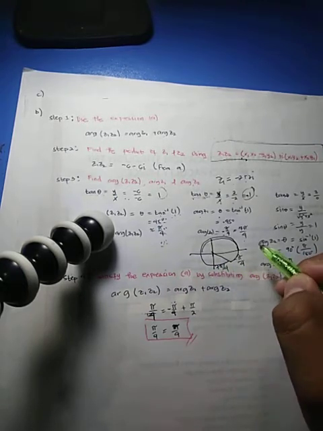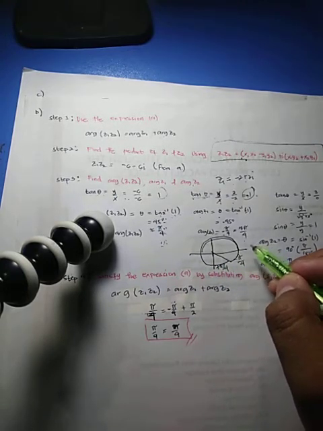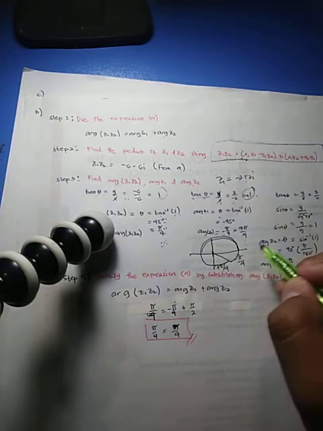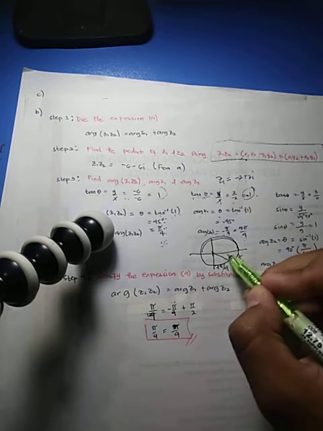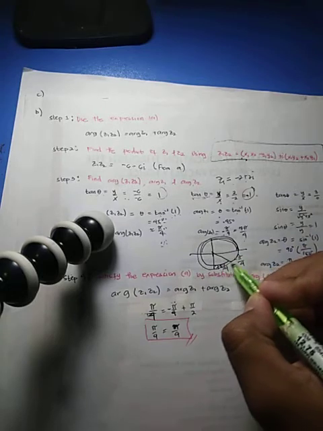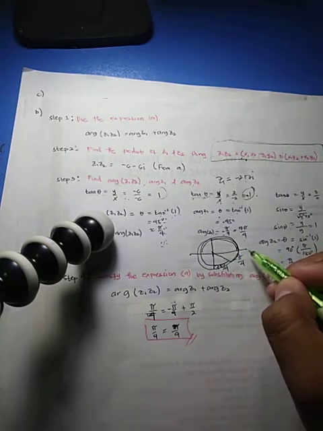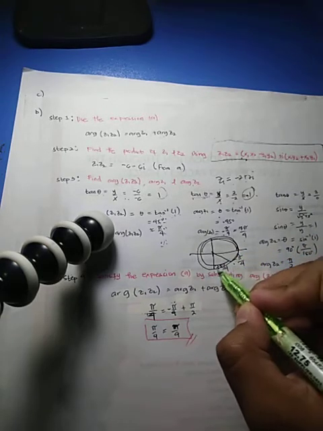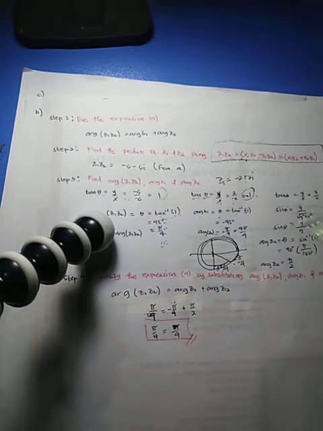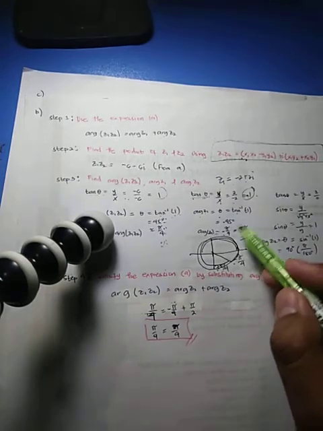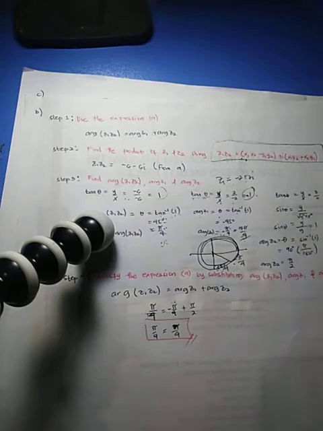How do we get that? All you have to do is subtract pi over 4 from 2 pi, because a full turn is 2 pi, and we get 7 pi over 4. So don't be confused, this 7 pi over 4 is equal to negative pi over 4.